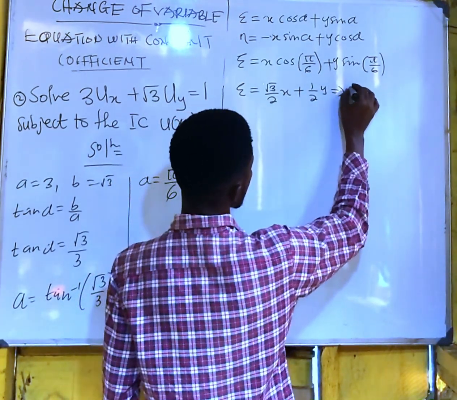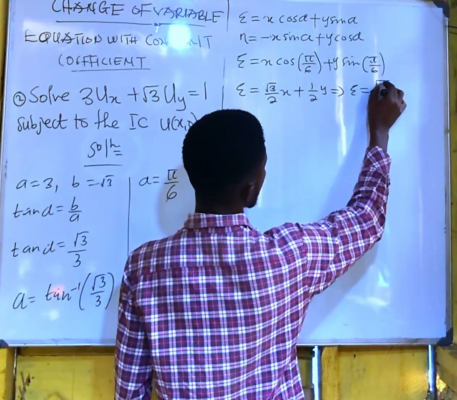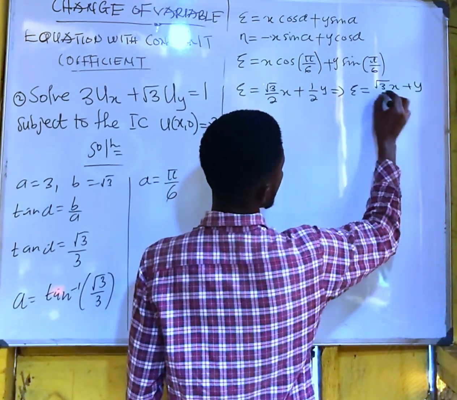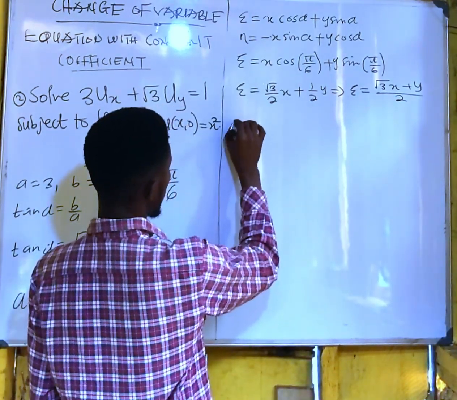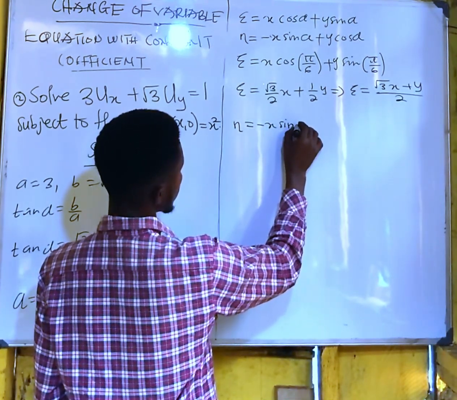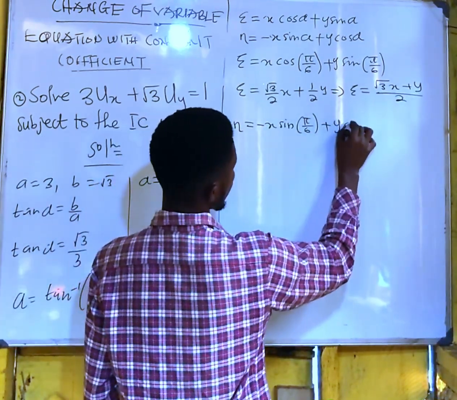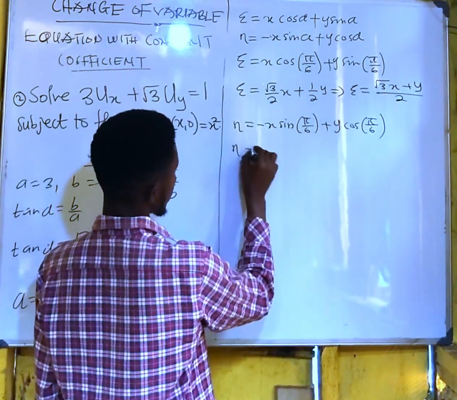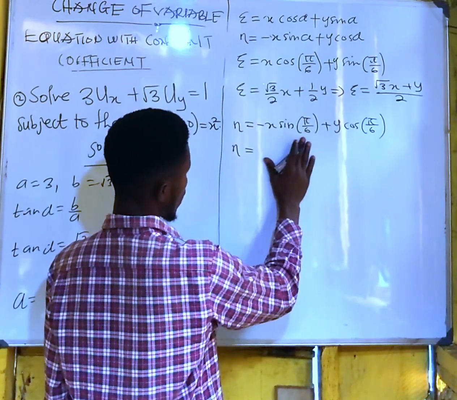So this implies that my xi is root of 3 x plus y all divided by 2. Is that okay? And my eta is negative x sine pi on 6 plus y cos pi on 6. So my eta is equal to, this is half, right? Sine pi on 6 or sine 30 is half.